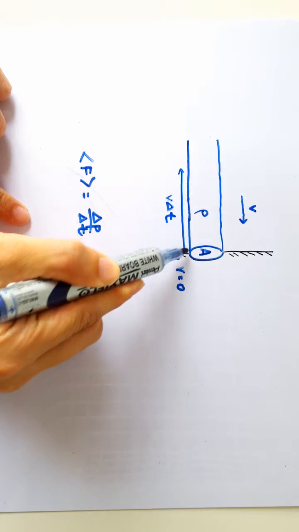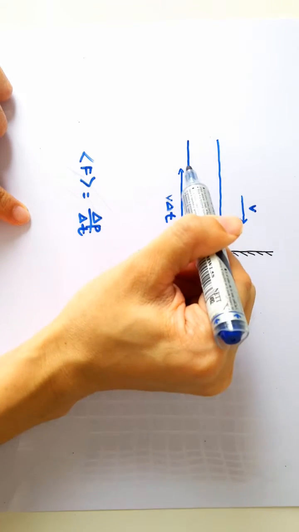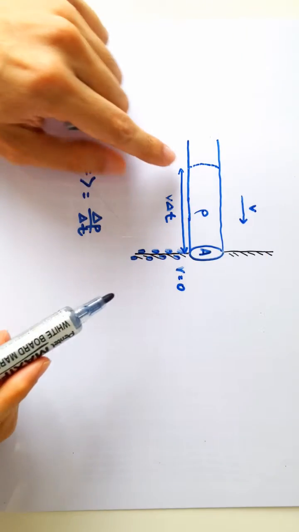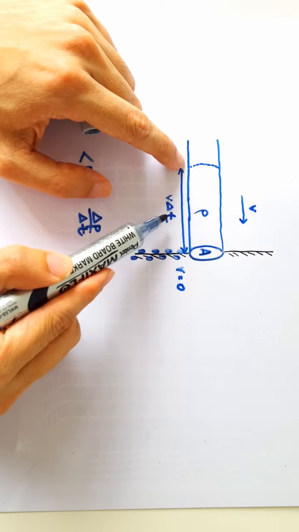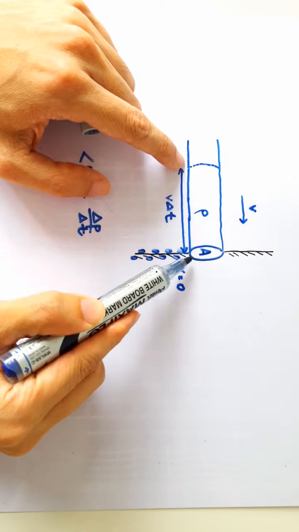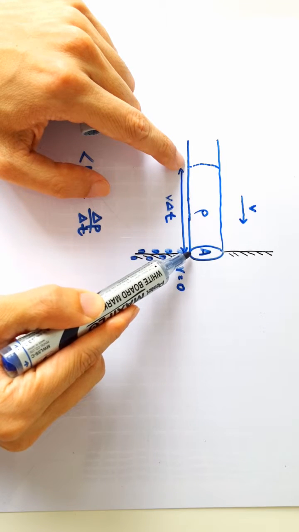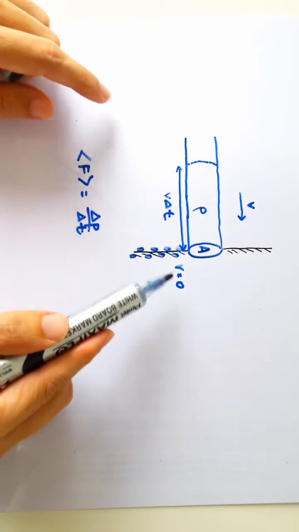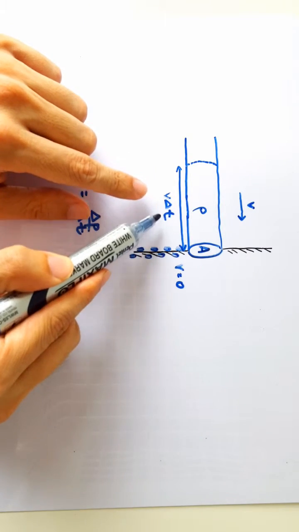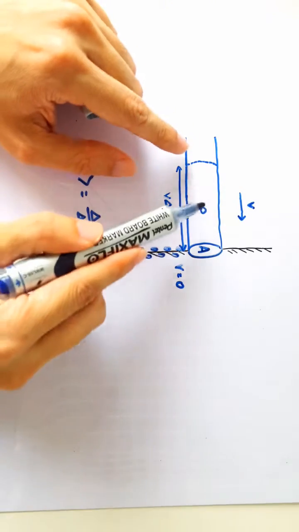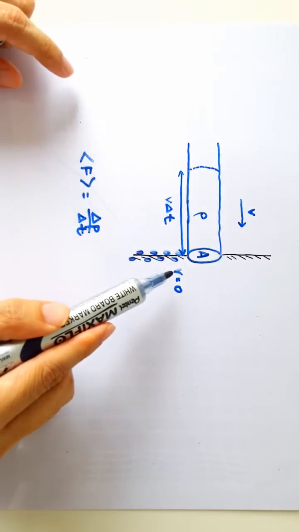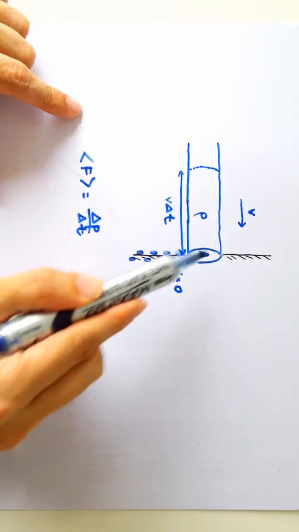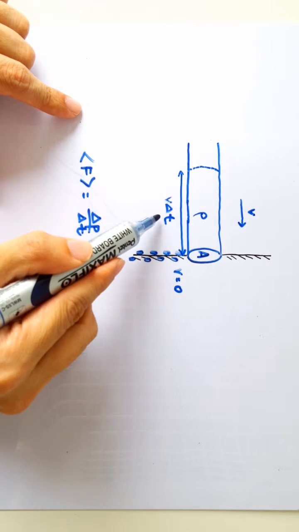So if this is v times delta t, then the water jet that started out at this position, after a time duration of delta t, would have arrived at here, right? Which means in this duration of time delta t, we would have this tube of water hitting the wall. This is the amount of water that hits the wall in the duration of time delta t.